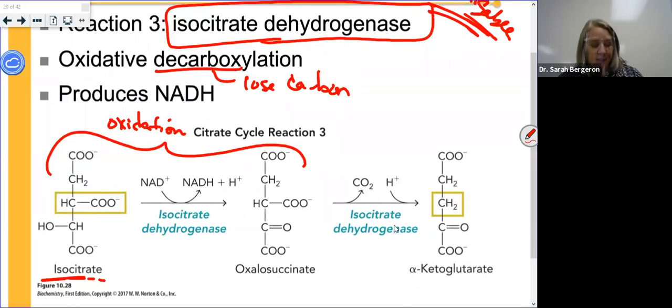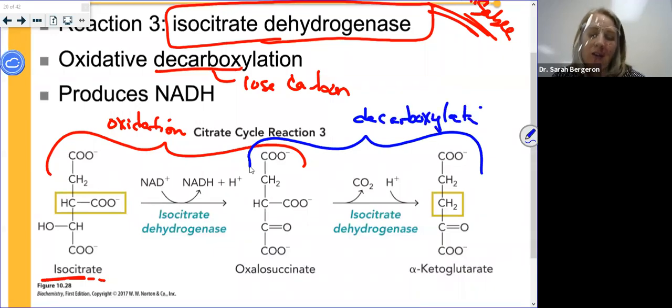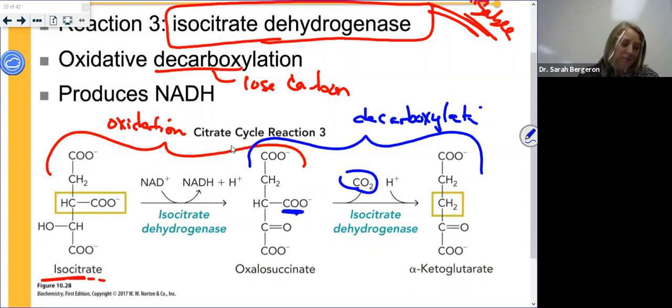We lose the C double O and add extra H2. So this is really our decarboxylation. So we've really lost our carbon. So this is where our carbon was. And this is really a transient molecule. It doesn't hang out very long.